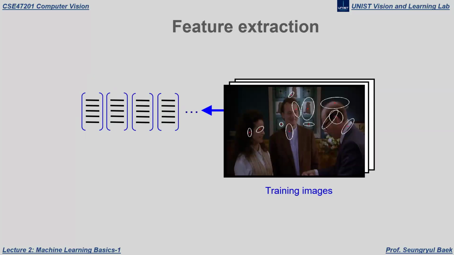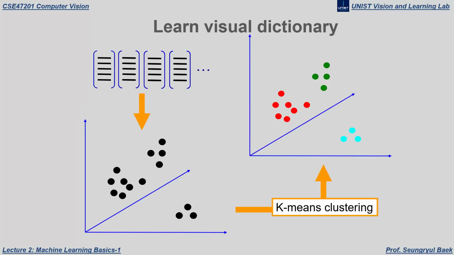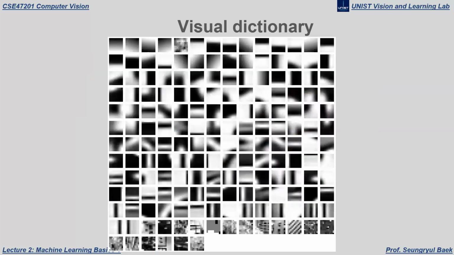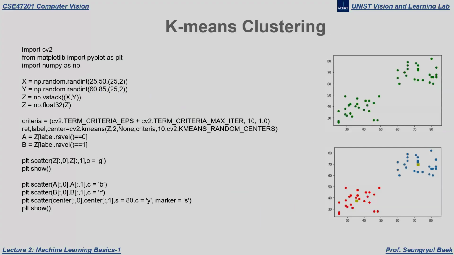And then after extracting all the features from all the training images, we can apply the k-means clustering algorithm to categorize those features and take the centroids, and then these become the visual words, okay? We also learned about the k-means clustering algorithm.